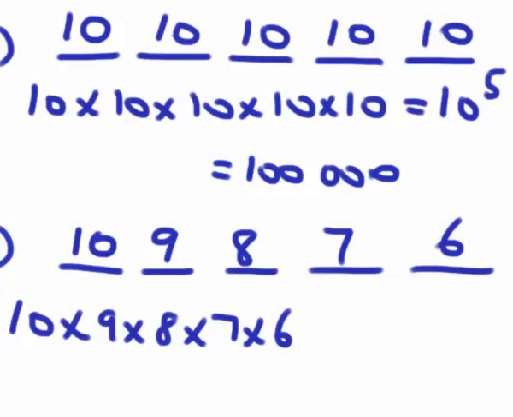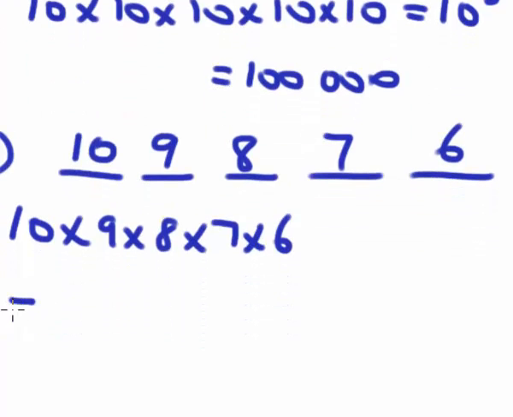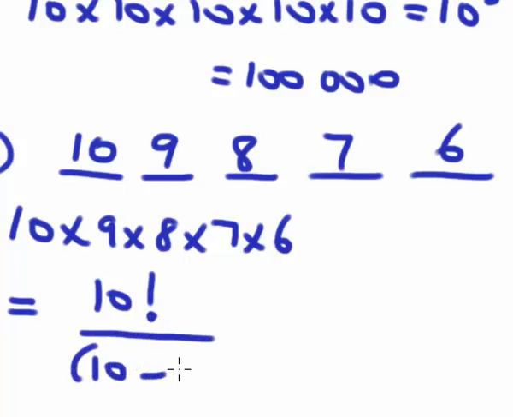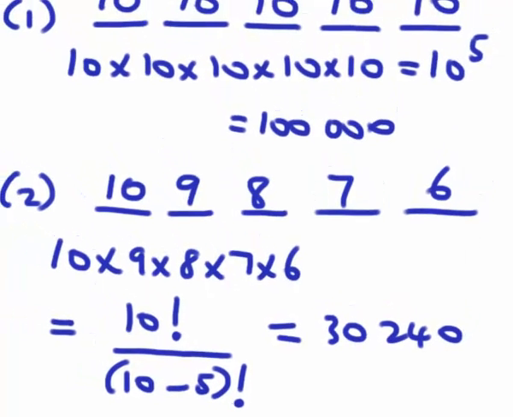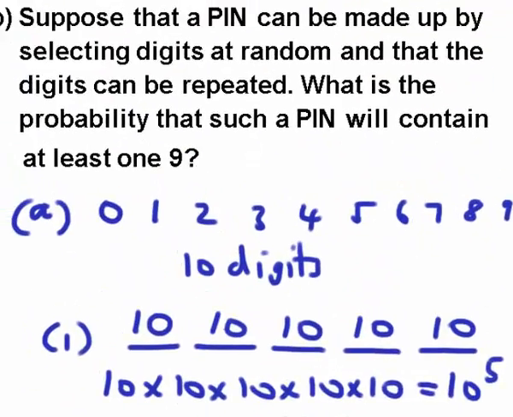Another way of looking at it would be 10 factorial divided by 5 factorial, that's 10 total digits taken 5 at a time, 5 possible digits in the codes. If you work that out, that's 30,240 possible codes.